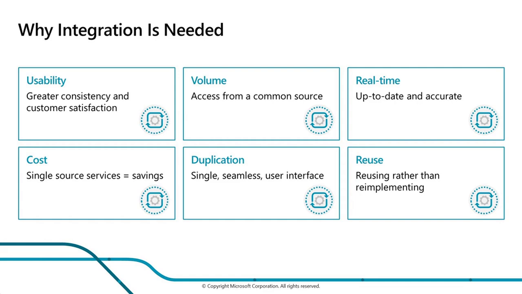Through integration, the task a particular user needs to perform can be provided in a single, seamless user interface. The training cost to change and the time to perform a task can be significantly decreased. This can also lead to greater consistency and customer satisfaction, but you have to take care with that.